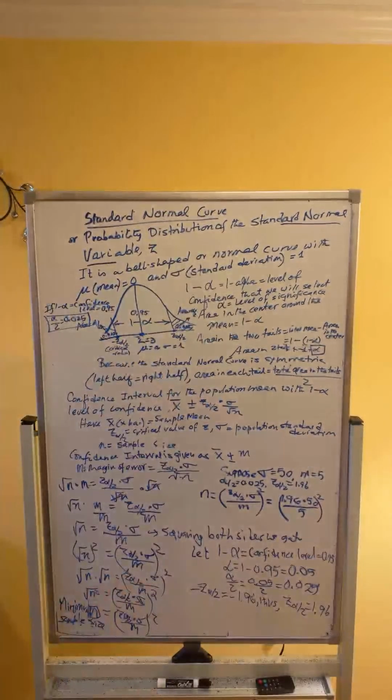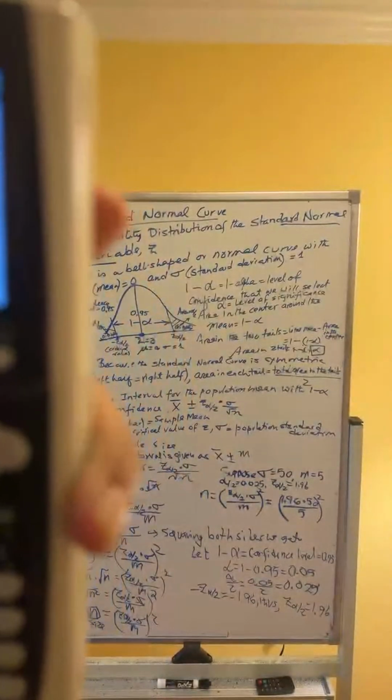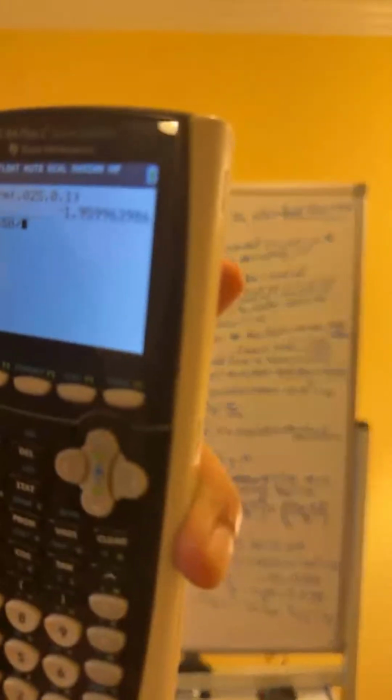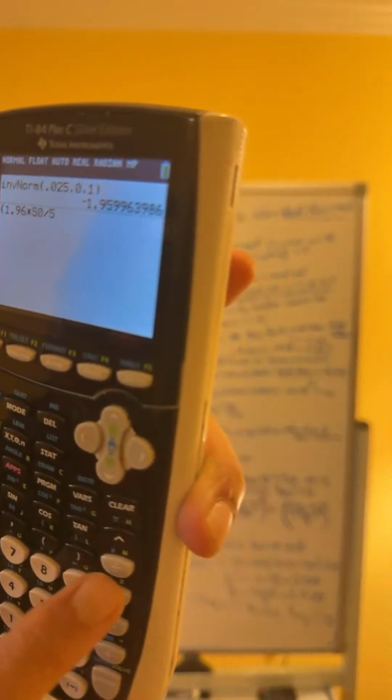So how do you do this calculation in the TI-84? We will just use the formula. We put a left parenthesis, inside it 1.96 times sigma, which is 50, the standard deviation, divided by the margin of error, 5, and we put the right parenthesis.